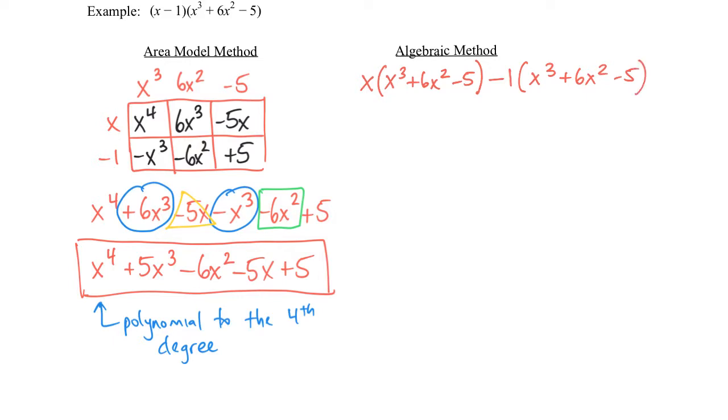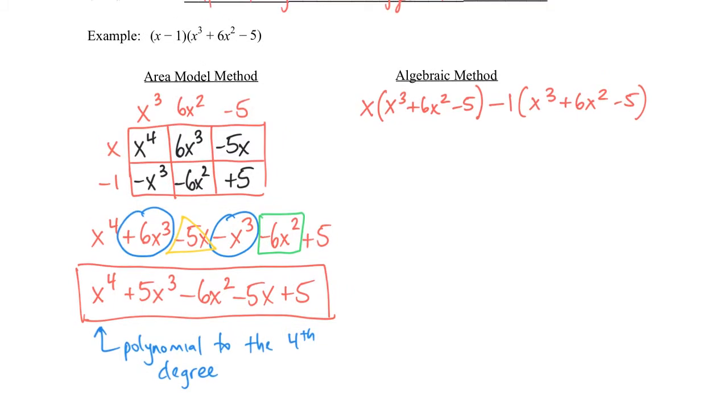So what I'm doing here is I'm writing out what you would show. Let me move this down a little bit. This is basically writing out the following. This. There's the first part. And then this. There's the second part. And when you do this, you're going to distribute these out, and you're going to get x to the fourth plus 6x to the third minus 5x. Now I distribute minus 1. That's going to give me negative x to the third minus 6x squared plus 5.